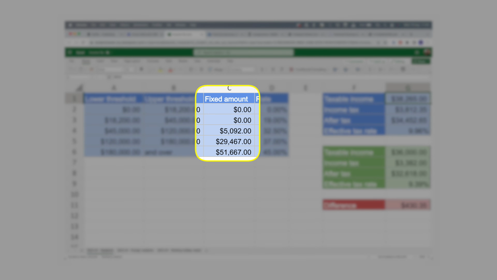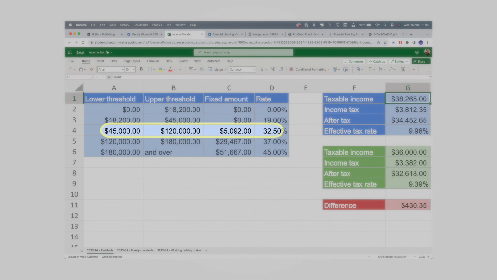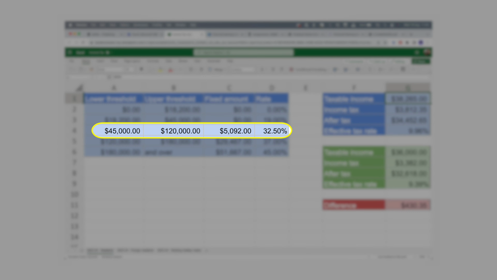And to that result, you would add the fixed amount. Now, the fixed amount is simply the sum of the previous tax that you would have paid in the previous brackets. So for example, for the third bracket, the one that applies to people making 45,000 to 120,000, those 5,095, which is the fixed amount, would be the tax that you would pay on 45,000.